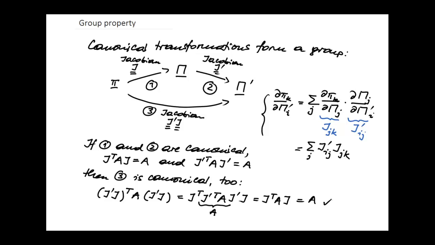So, canonical transformations form a group. And for the mathematicians amongst you, this group is related to the symplectic group.